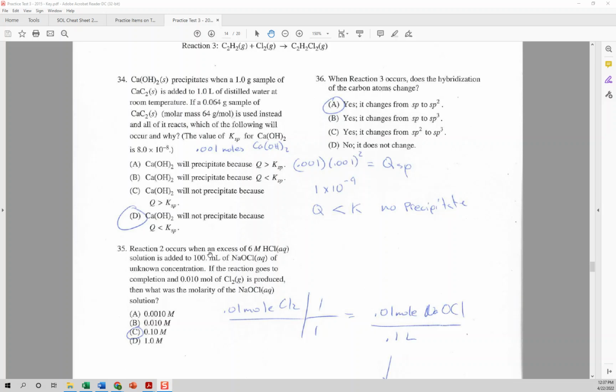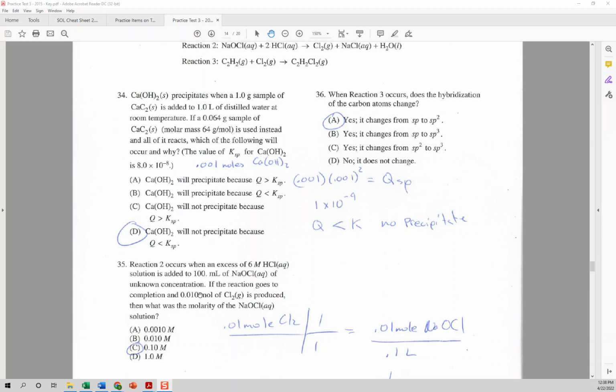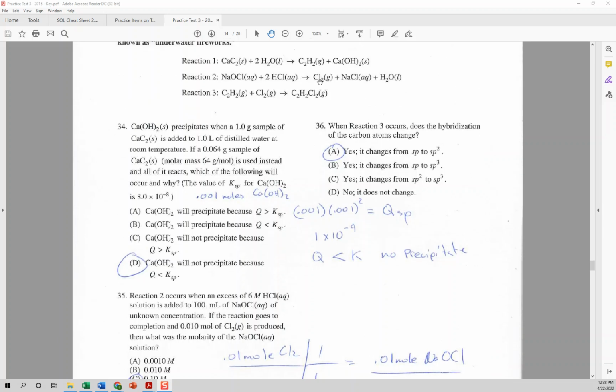So let's go to number 35. Reaction 2 occurs when an excess of 6 molar HCl solution is added to 100 milliliters of a sodium hypochlorite solution of unknown concentration. If the reaction goes to completion and 0.01 moles of chlorine is produced, what is the molarity of the sodium hypochlorite solution? If 0.01 moles of chlorine were produced in the second reaction, it's a 1-to-1 ratio with sodium hypochlorite.